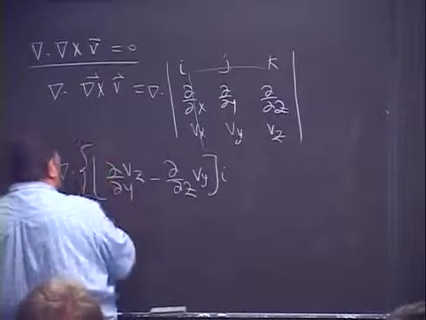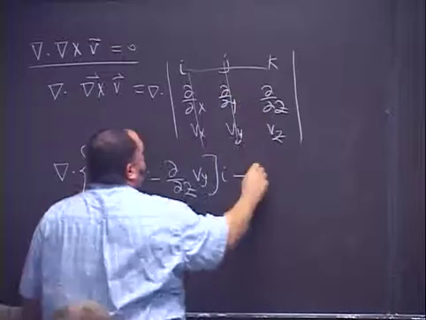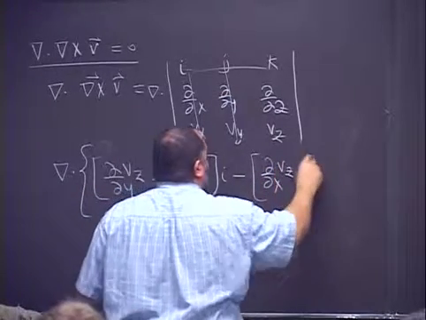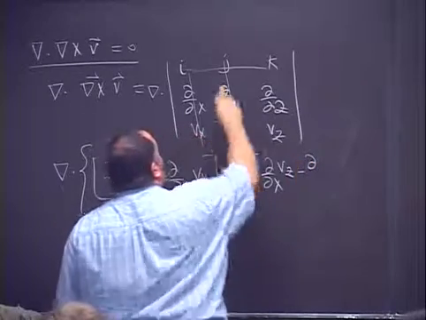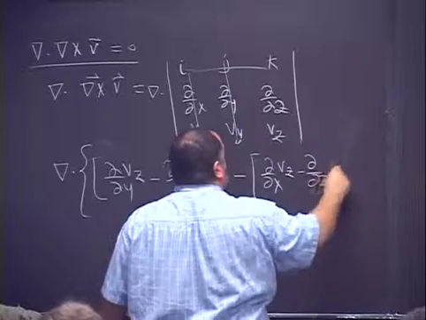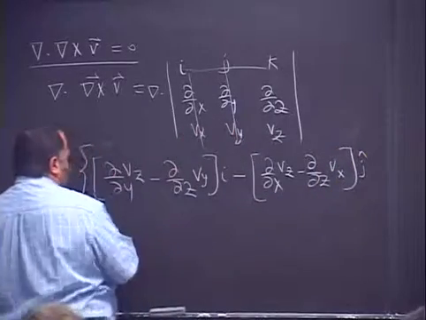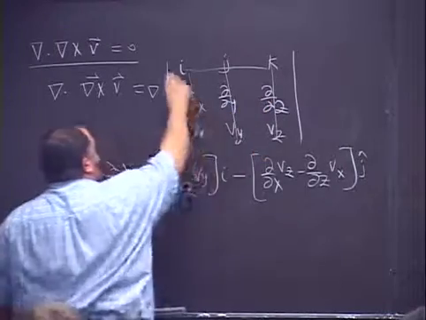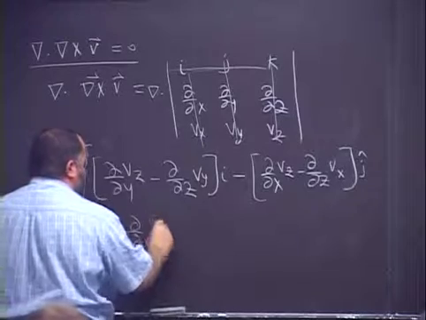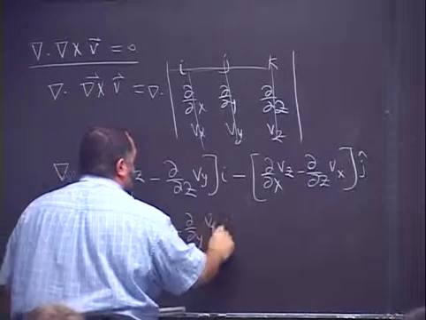Minus, in the x direction, it will be d by dx for vz minus d by dz for vx, and this will be in the j direction. And the third one will be d by dx for vy minus d by dy for vx.